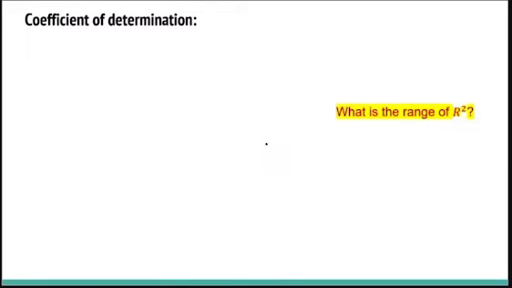But the coefficient of determination assigns 100% variation to the total variation in y, and tells us out of 100% variation in the response, how much of that the model can explain. I'm going to say that again: out of 100% variation in the response, how much does the model explain?